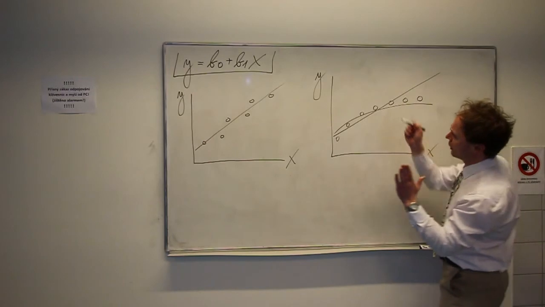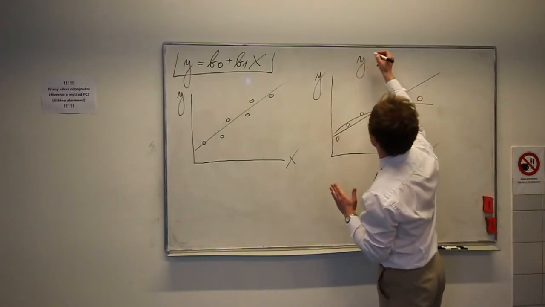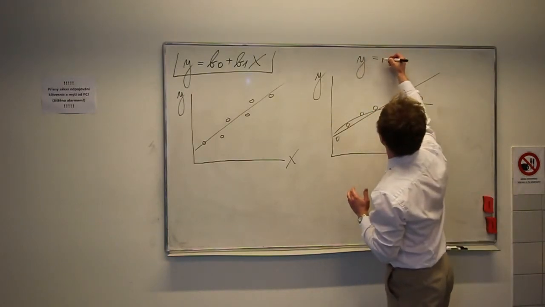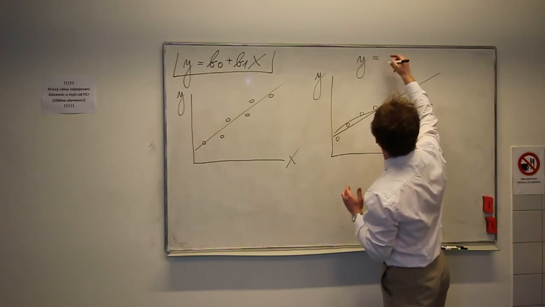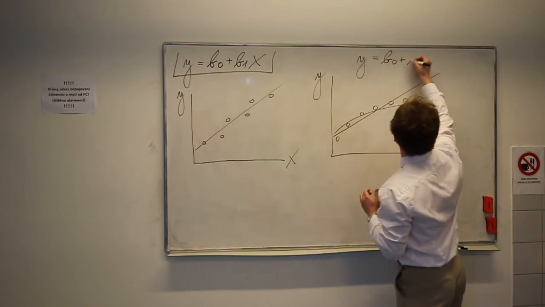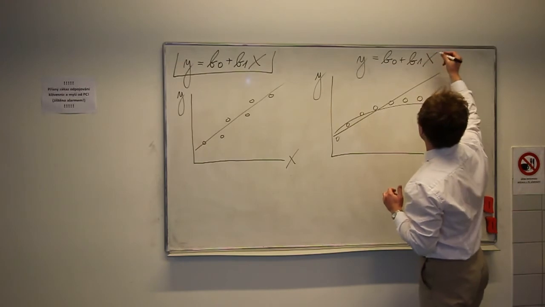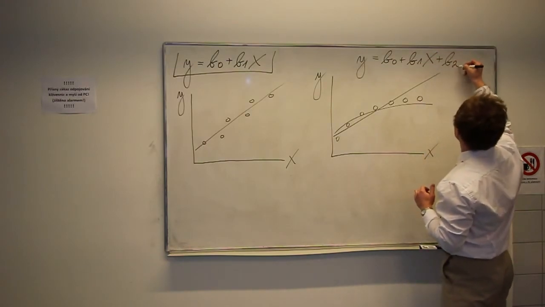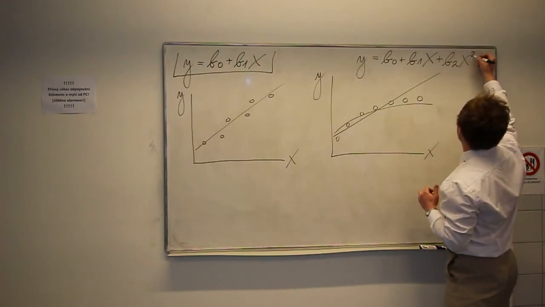How does the regression parabola look in formulas? Y is equal to b0 plus b1x plus b2x squared.